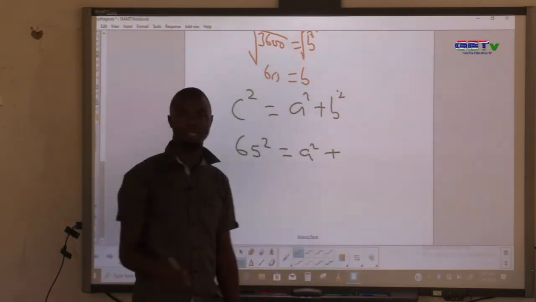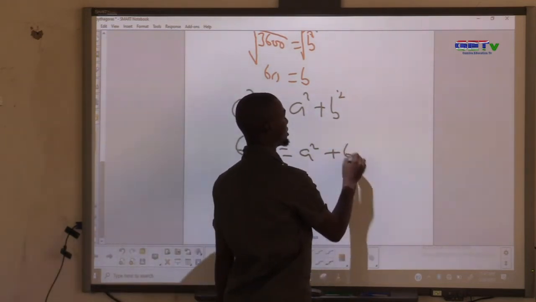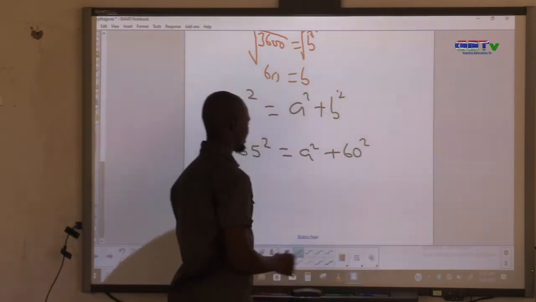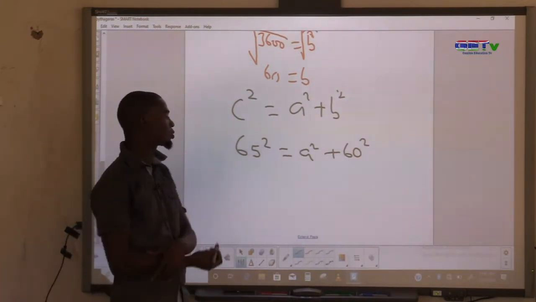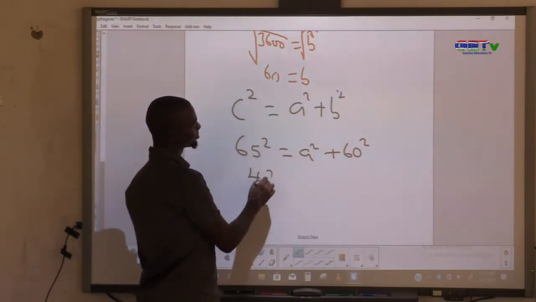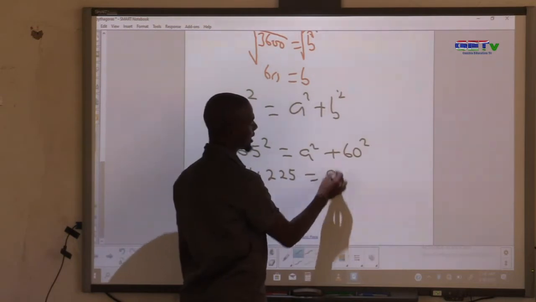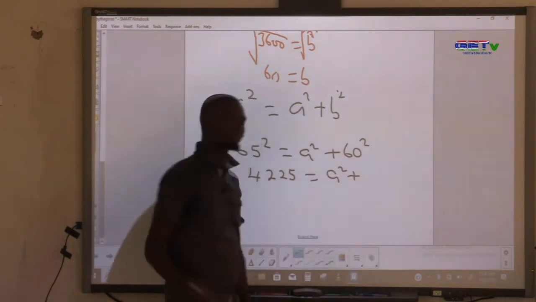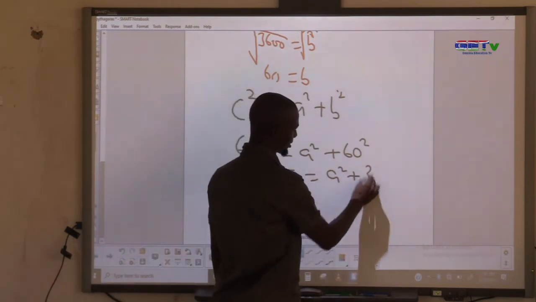Our B is 60, so that is 60 square. 65 square is 4,225, which is equals to A square plus 60 square, which is 3,600.